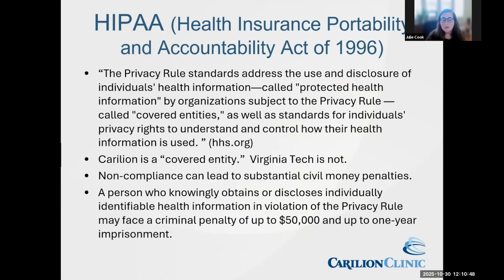An individual who knowingly obtains or discloses individually identifiable health information in violation of the privacy rule may face a criminal penalty of up to $50,000 and up to 1 year imprisonment. And it does get higher if it's malicious and intentional and knowing, but this is the lowest of those penalties for an individual. So both an institution and an individual can be held accountable and subject to these penalties.